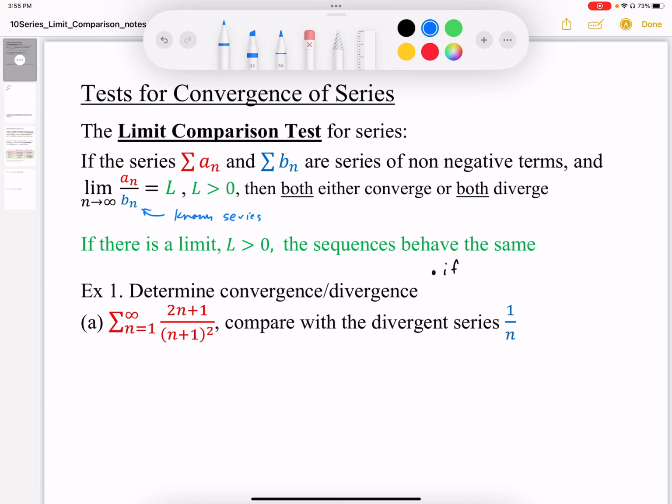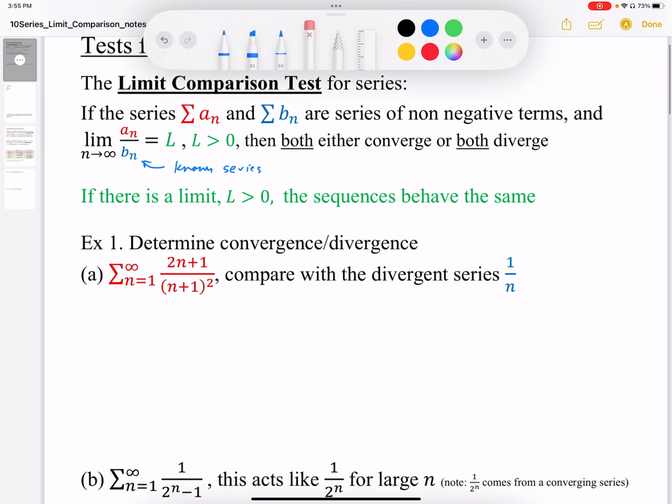Once we get the limit equaling that number, we can say that they behave the same. So if b is a converging series, a converges. If b is a diverging series, a diverges. Let's see what this looks like.